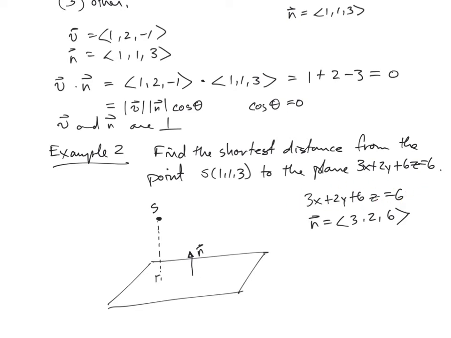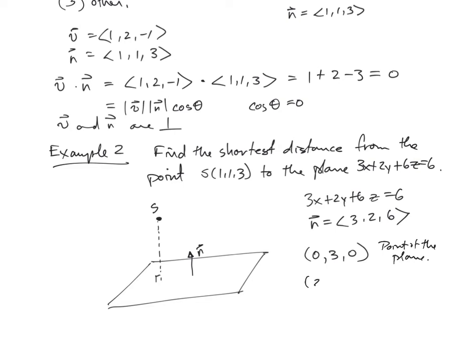Well, for instance, I could say, well, what about this point? 0, 3, 0. An x value of 0, a y value of 3, and a z value of 0. Will that satisfy this plane equation? Yes, it will, because 0 plus 2 times 3 plus 0, 6 is equal to 6. Right? So this is a point on the plane. What's another point on the plane?